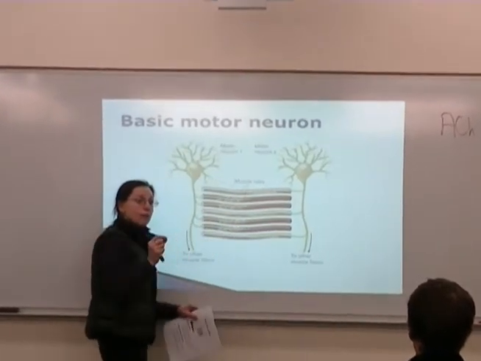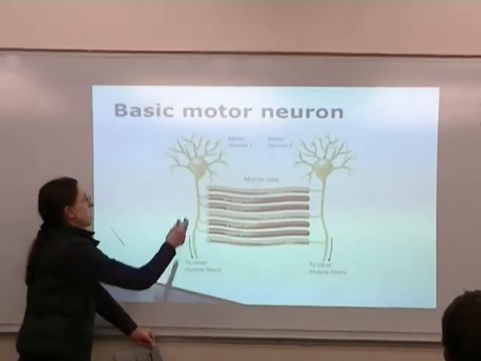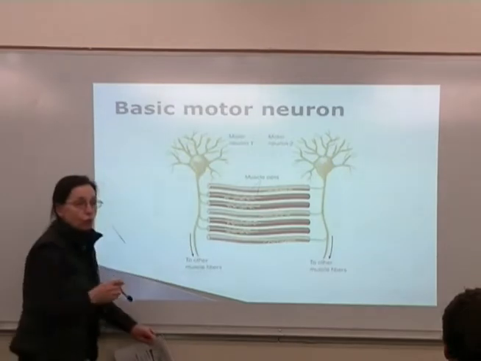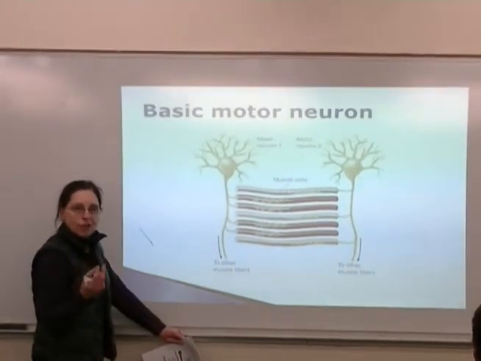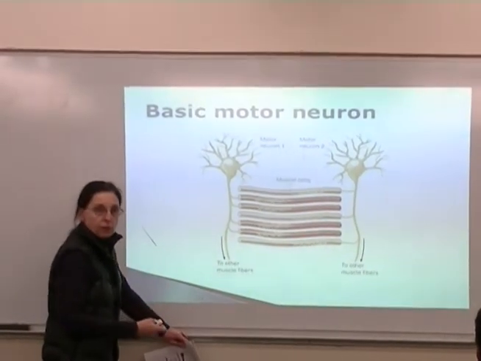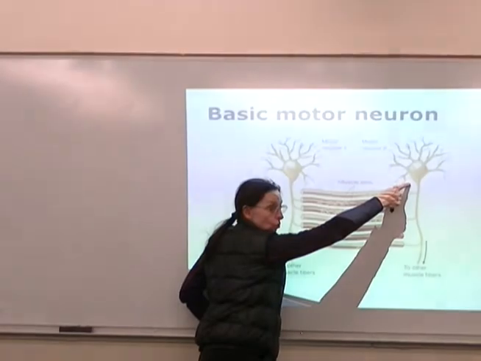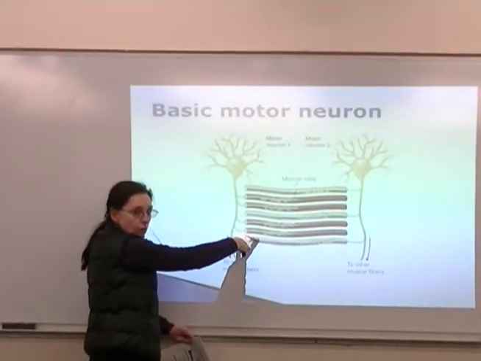So one of the really cool things that your brain has to do is decide which one of these to turn on. It's not turning on a muscle, it's turning on cells within a muscle. So does it turn on the type 2 or does it turn on the type 1? Same muscle.